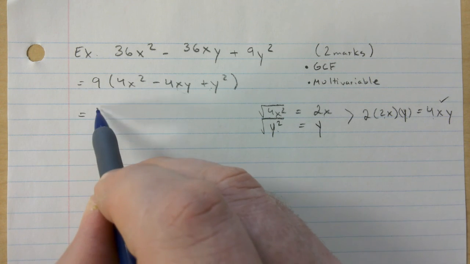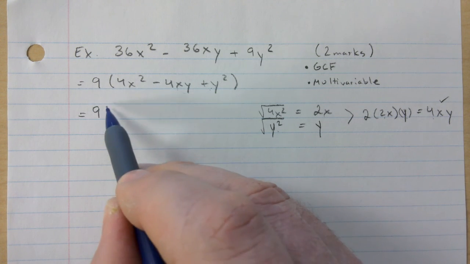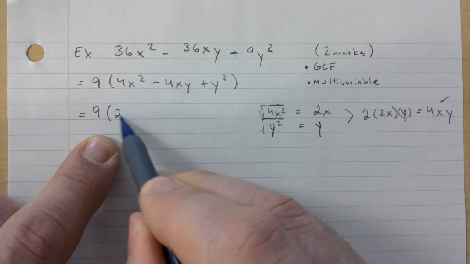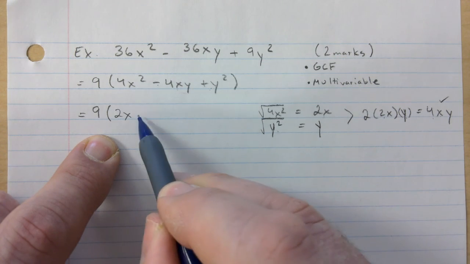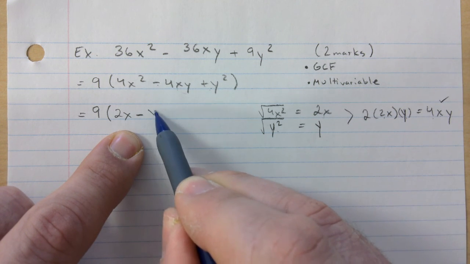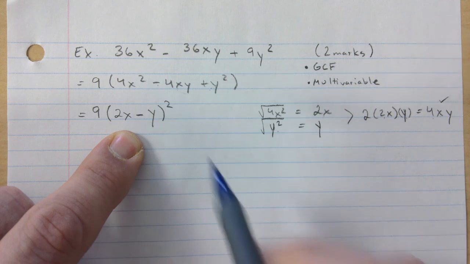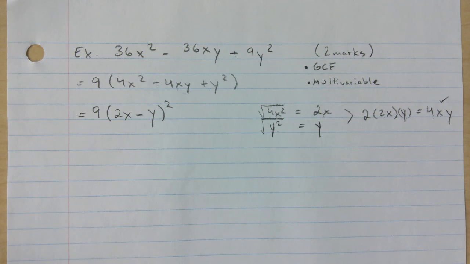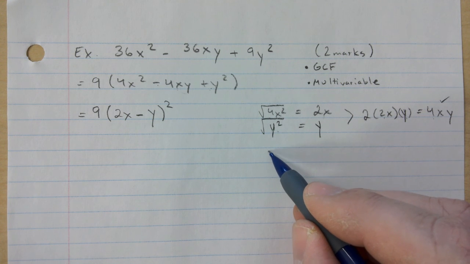Therefore, don't forget about the 9 we took out, but we're going to make this 2x minus y squared. This minus tells us what goes here. So you have 2 variables there. I'll make a note here again.